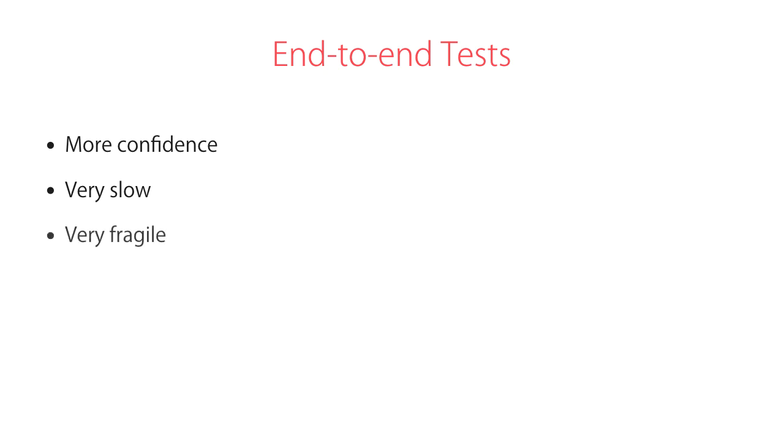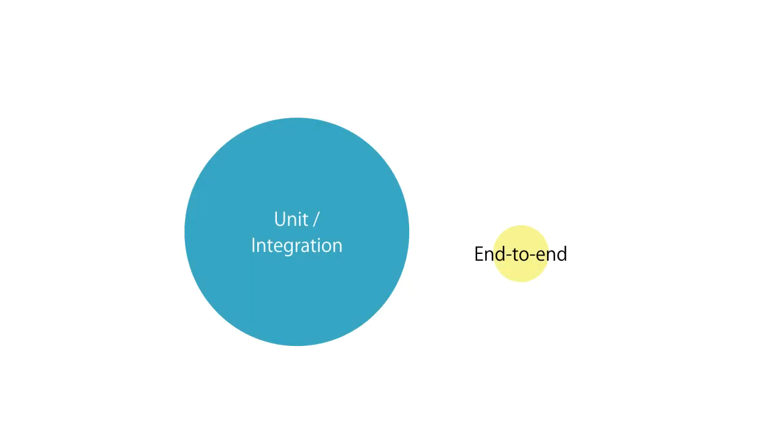But they're also very fragile. A simple change in our HTML markup can easily break these tests, even if the application is working properly. So ideally, we want to spend most of our time writing unit and integration tests and write very few end-to-end tests only for the key functions of the application.